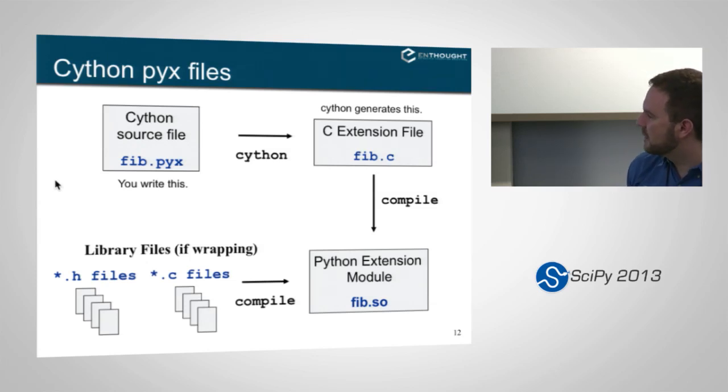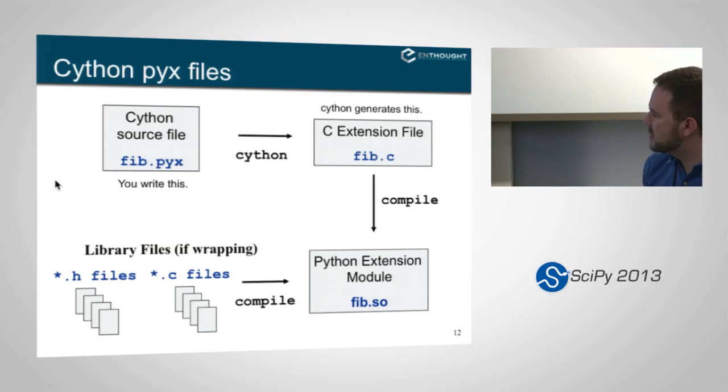So the reason for the fork is that Cython wanted to be more general and be more aggressive in optimization, whereas Greg was more focused on very specific things in Pyrex and wasn't willing to accept some of the more edgy features that Cython has. So, but Cython kept the pyx extension.